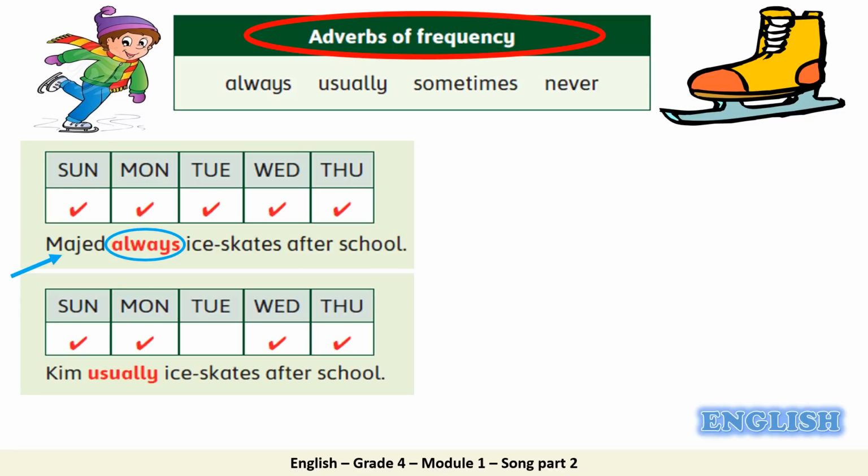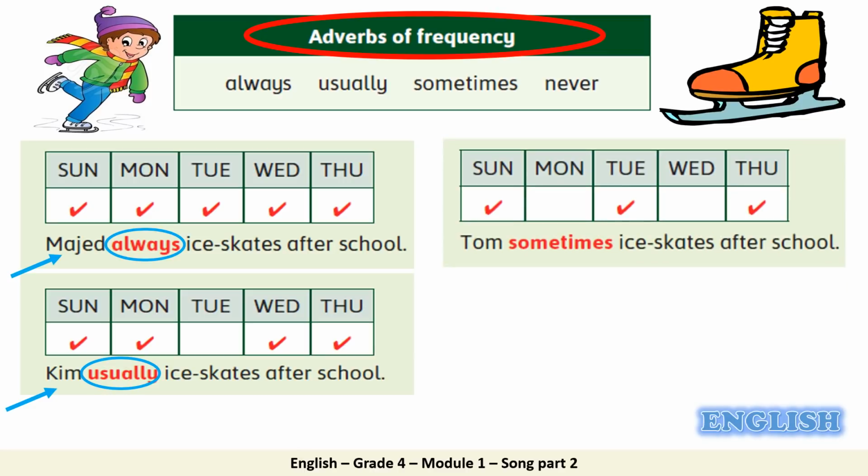Next example, Kim usually ice skates after school. Usually is used to show that most of the days are checked, not all of them. The third one, Tom sometimes ice skates after school. Here, 3 days only are checked.